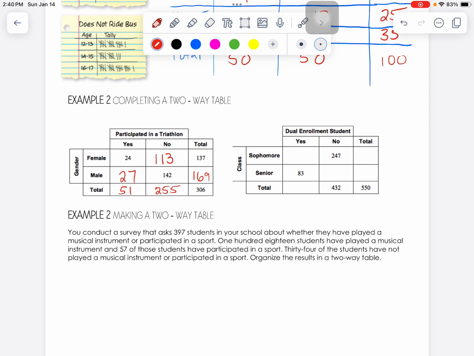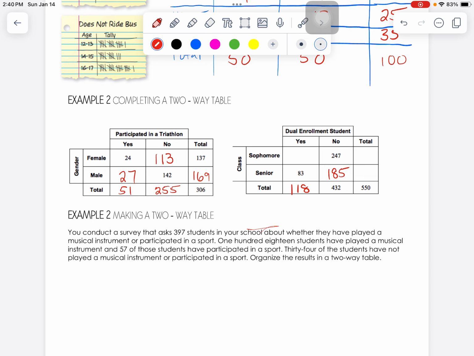All right, now I'm going to do that same thing for the dual enrollment student and whether they are a sophomore or a senior. So I'm going to figure out my total on the bottom by doing 550 minus 432, which tells me this is 118. To find the number of seniors who were not dual enrolled, I'm going to do 432 minus 247, so I get 185.